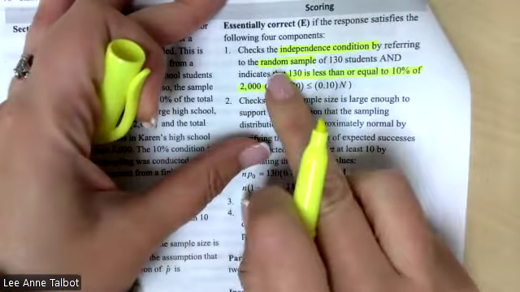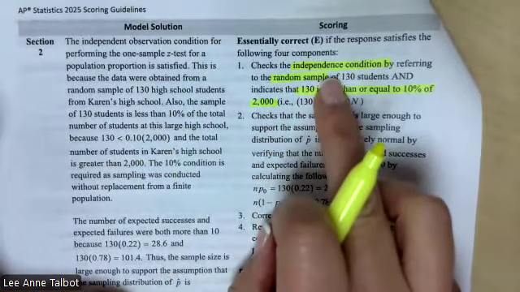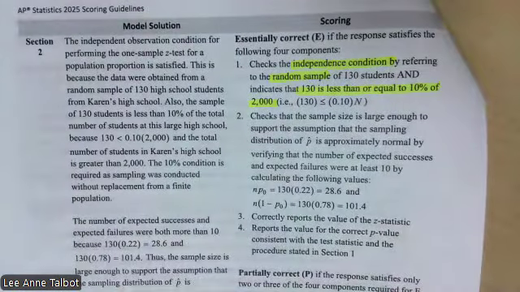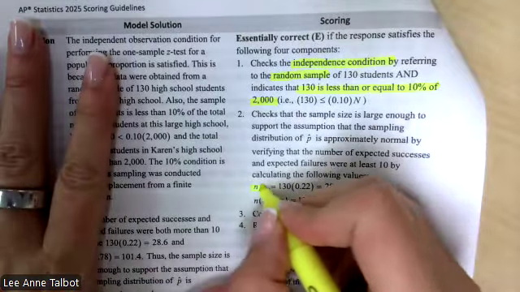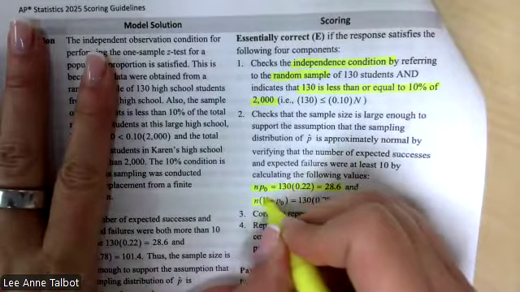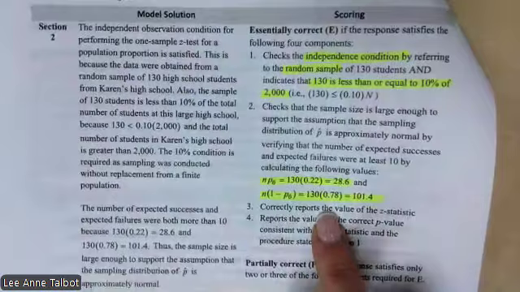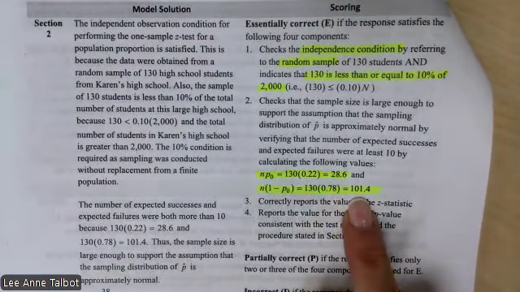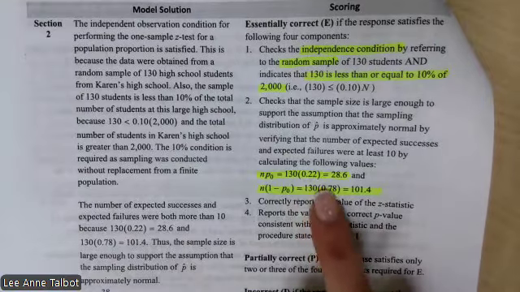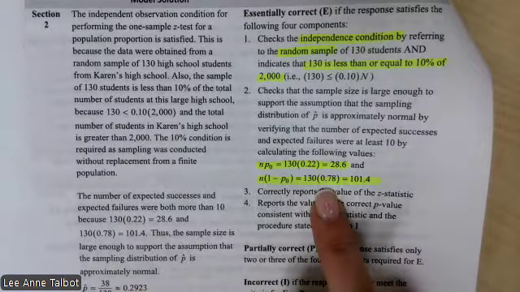So it looks like they bundled randomness and the 10% condition into one of the components. And then the second component is n times p is greater than or equal to 10, and n times 1 minus p is greater than or equal to 10, which is 28.6 and 101.4. Make sure you're multiplying by p and not p hat in these. That would be wrong.